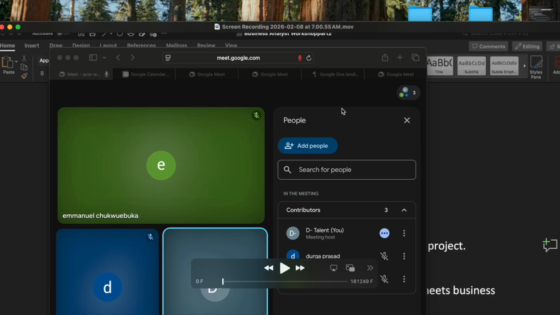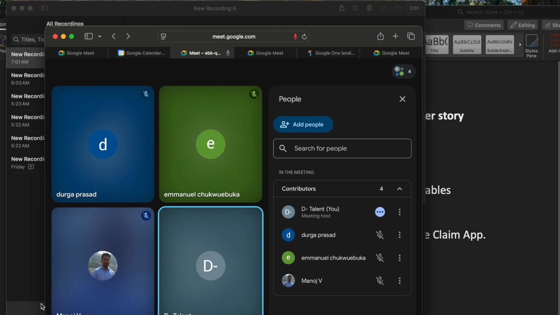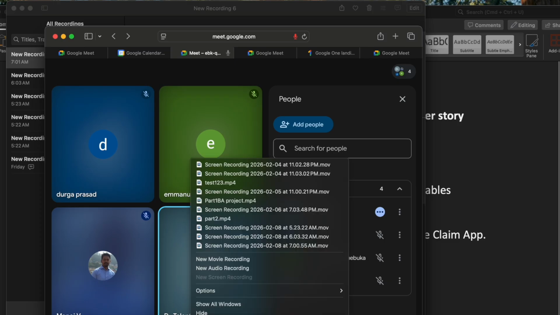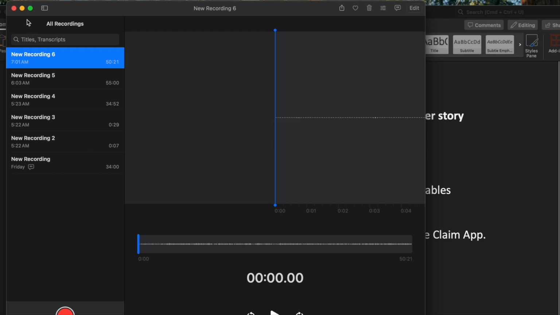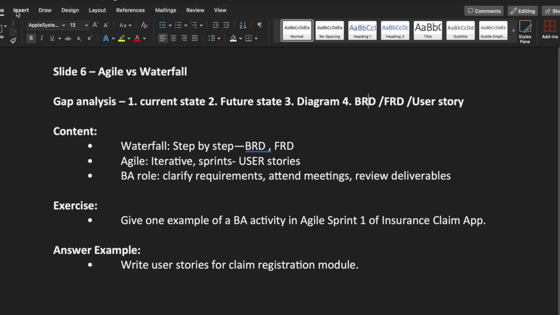Okay, where is the sharing? Okay, allowed to share a screen. Can you confirm if you guys see my screen?